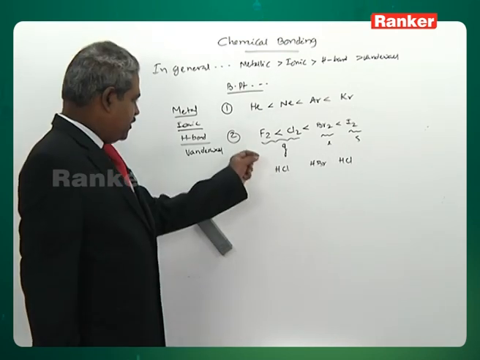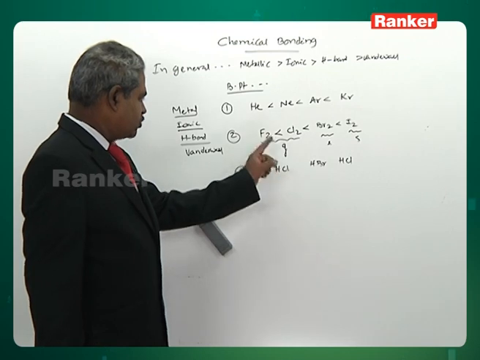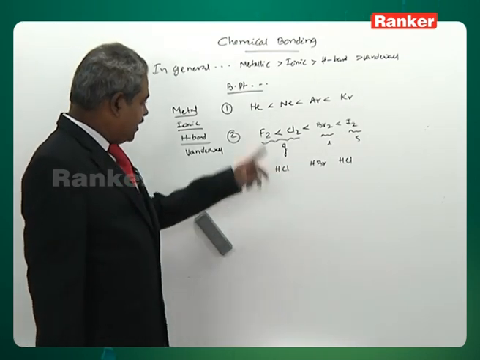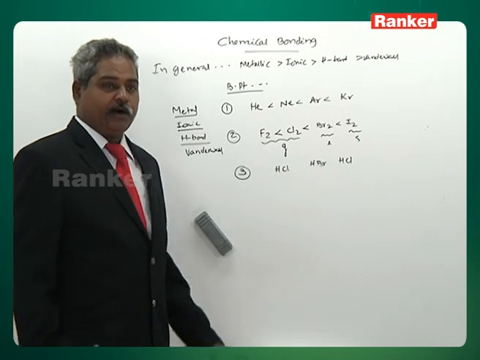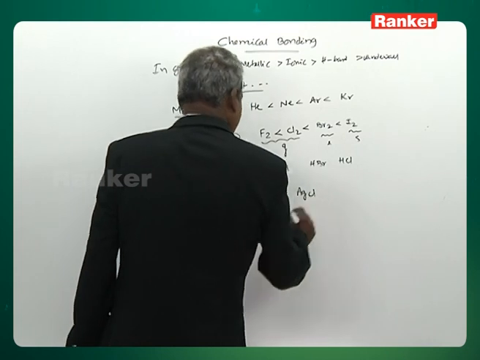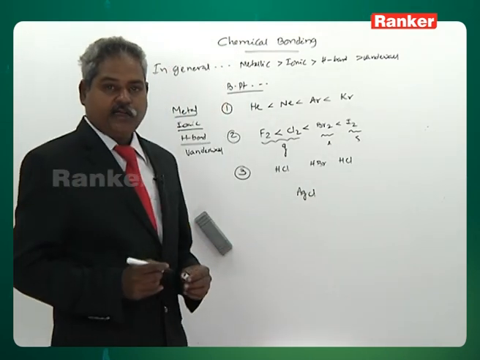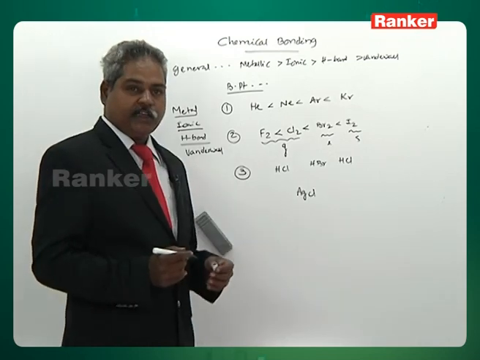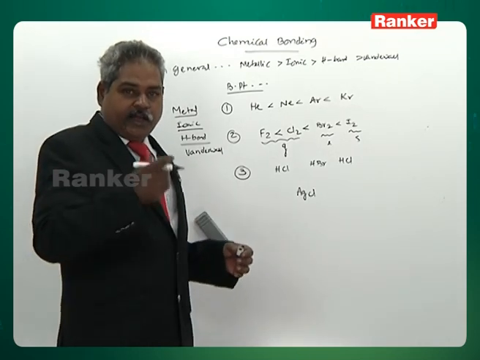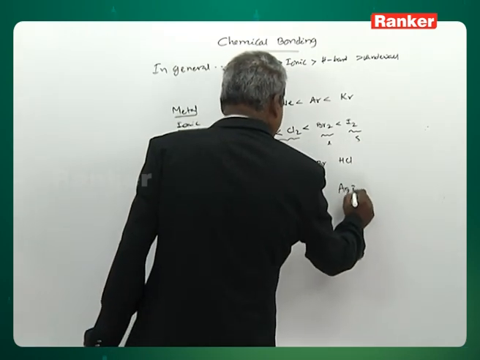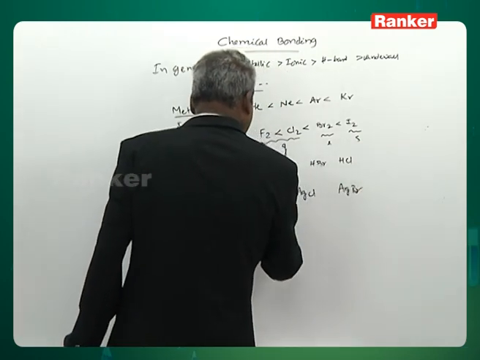HCl, is it ionic or covalent? I can say it's covalent because there is no metal. I am not saying if a metal is present, I guarantee it's an ionic bond. Suppose you ask me whether AgCl is ionic or covalent, perhaps I can't say. I can only compare. I can only say that AgCl is more ionic than AgBr and less ionic than AgF.